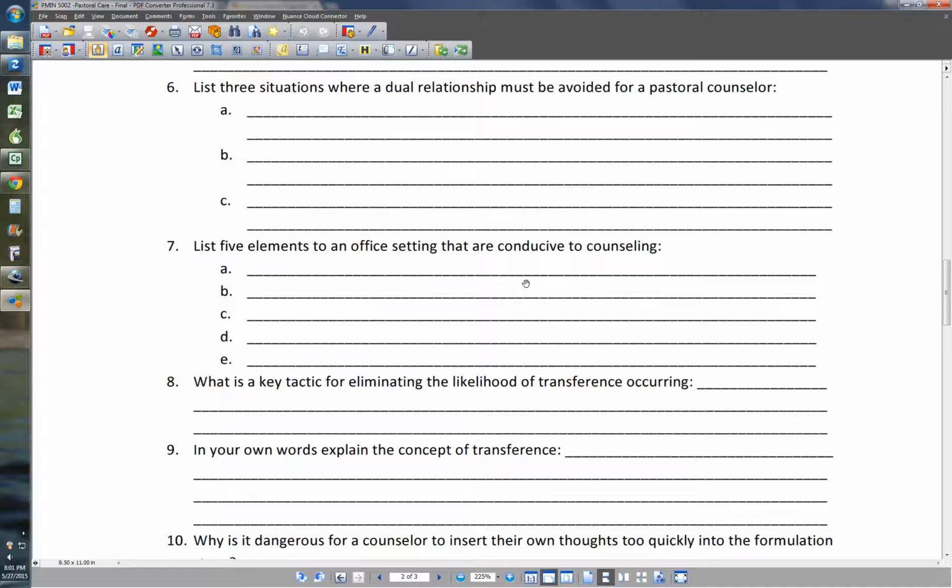Number 7, list 5 elements to an office setting that are conducive to counseling. So we went through a bunch of these. Basically things like being careful about your seating. You're going to sit across from them at a desk. Having comfortable chairs, the right colors.